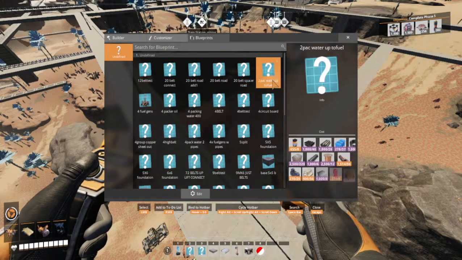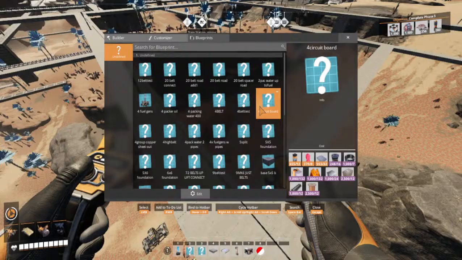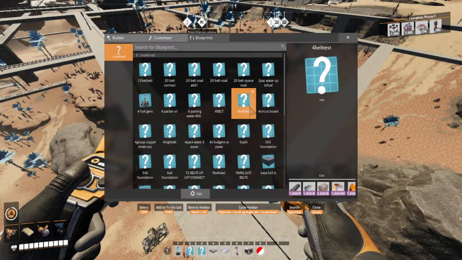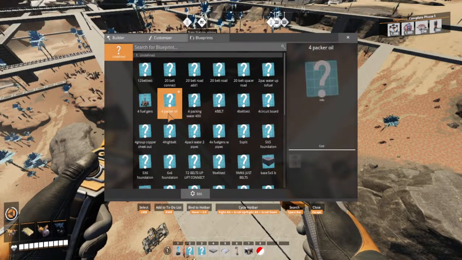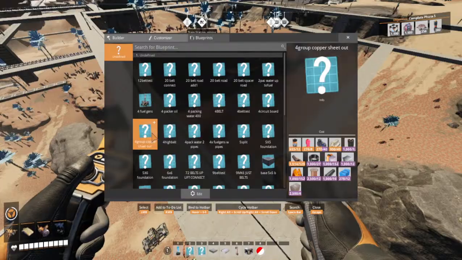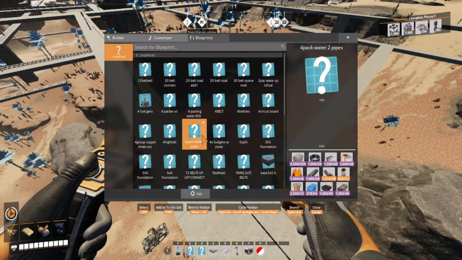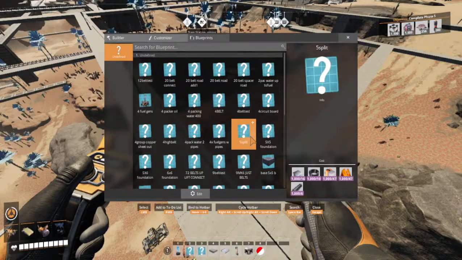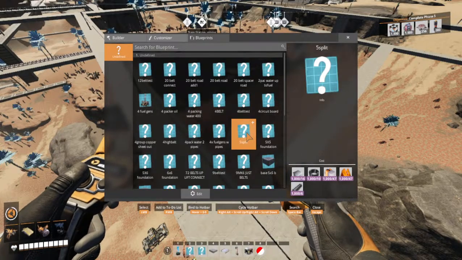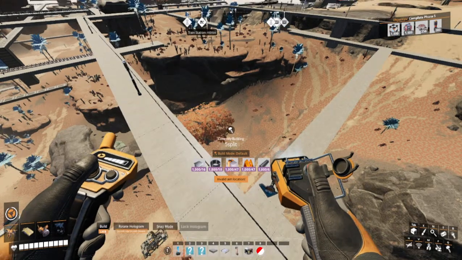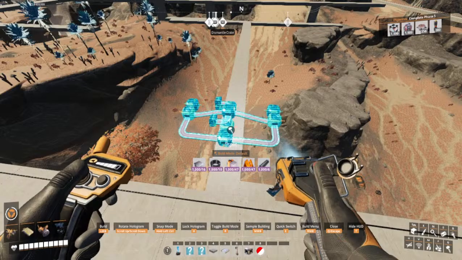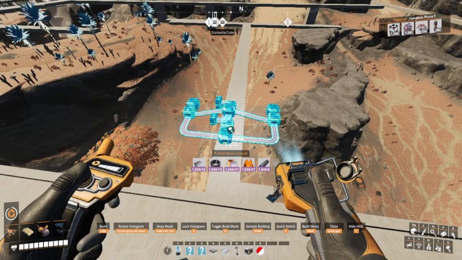It's nothing to do with 20s. 4 circuit boards. No. 4 packer, no. 4 gens. 4 group copper sheet out, no. 4 water, 4 fuel gens, 5 split. What's this 5 split? Okay, no, that's not it.